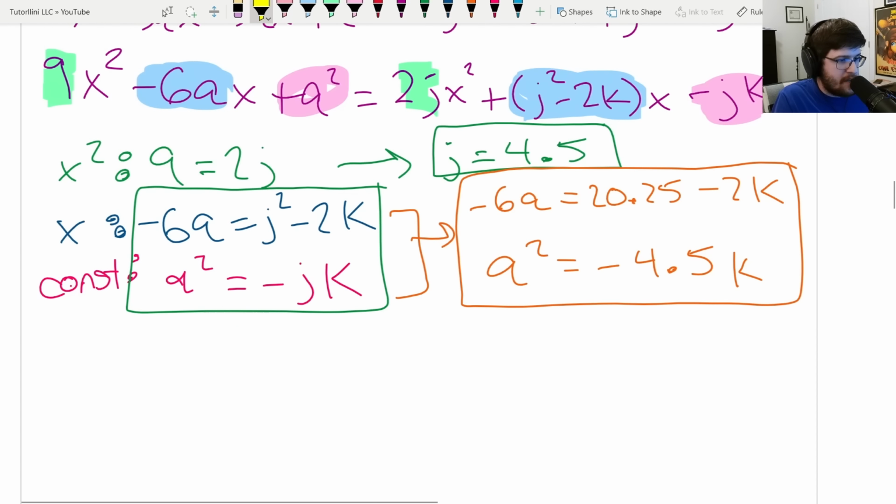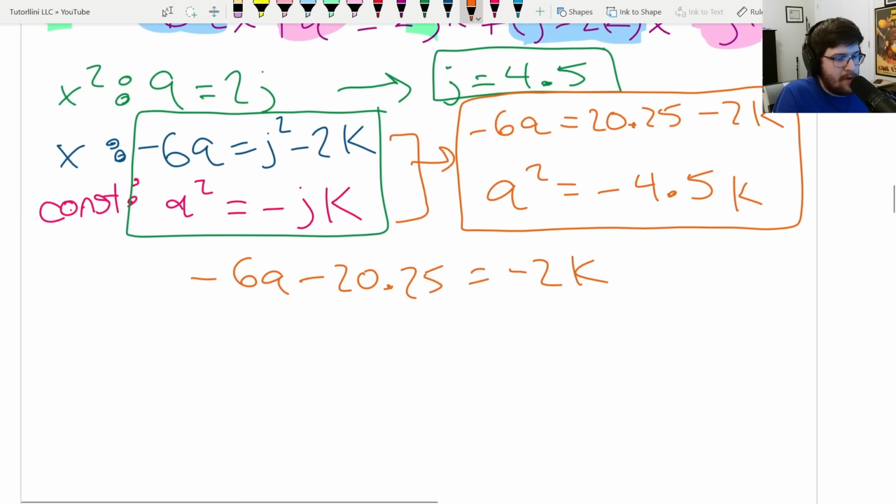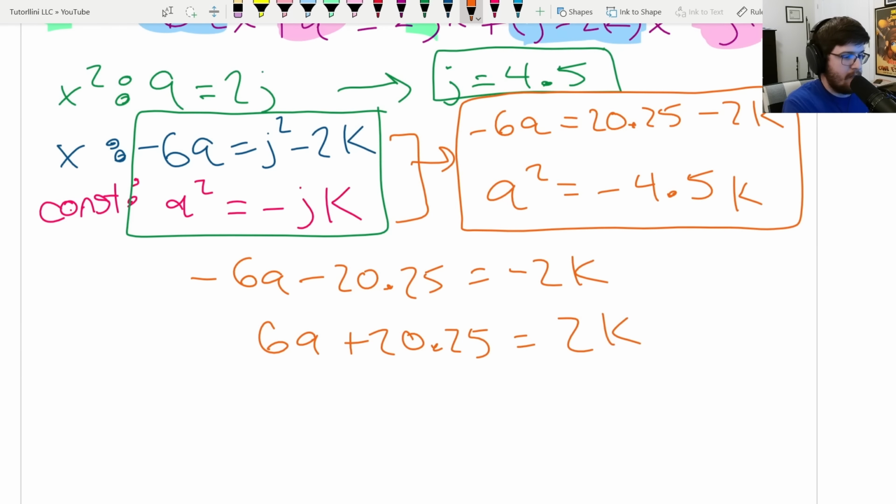So let's look at the second one. I'm going to do negative 6a, and then for that one, I'm going to subtract 20.25 from both sides. So negative 6a, and I get minus 20.25 equals negative 2k. Now I'm going to multiply both sides by negative 1. 6a plus 20.25 equals 2k. And then I'm going to divide both sides by 2.